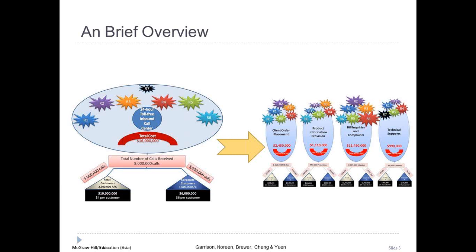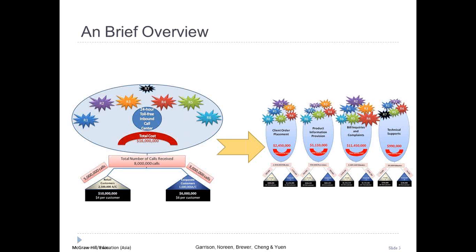Look on the left, you see a 24-hour toll-free inbound call center. Total cost of operation, $16 million. Total number of calls received, 8 million calls, of which 5 million calls are from retail customers, and 3 million calls come from corporate customers.